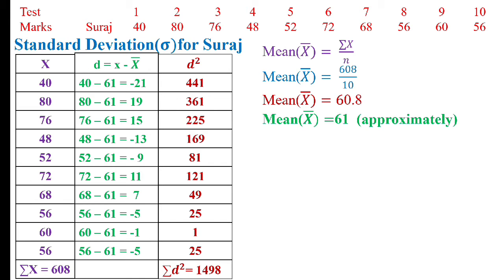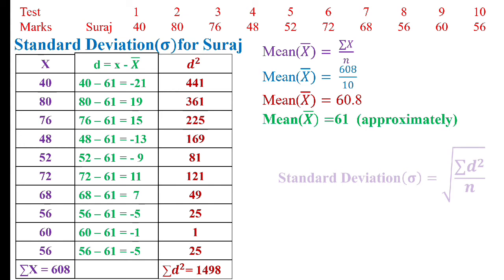Adding all these values, 441, 361, 225, 169, 81, 121, 49, 25, 1, 25, we get 1498. This is the summation d square value.